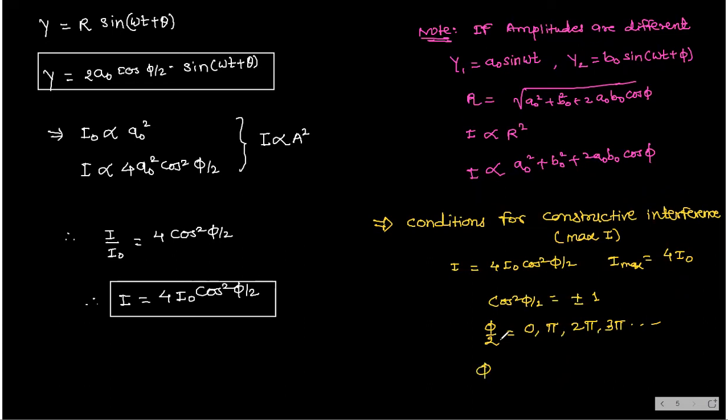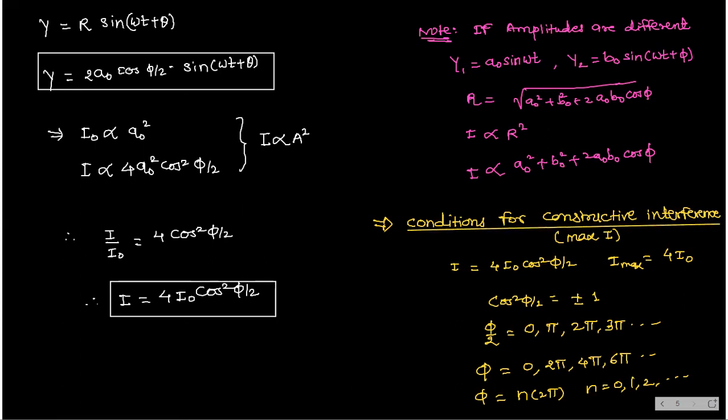So phi is equal to 0, 2 pi, 4 pi, 6 pi, and so on. So phi should be n into 2 pi, where n is equal to 0, 1, 2, and so on. This is your phi condition for constructive interference. Understood? Clear?